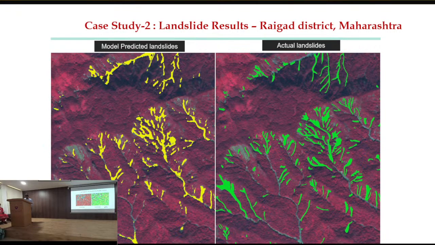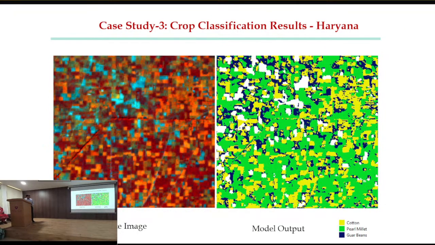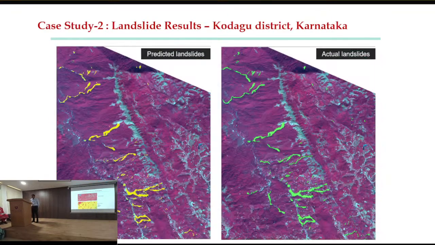Next, case study 3 is crop classification. This case study contains not only crop classification in the outer way. If you see here, the yellow portion is agriculture. Agriculture is nothing but vegetation, the agriculture pattern.